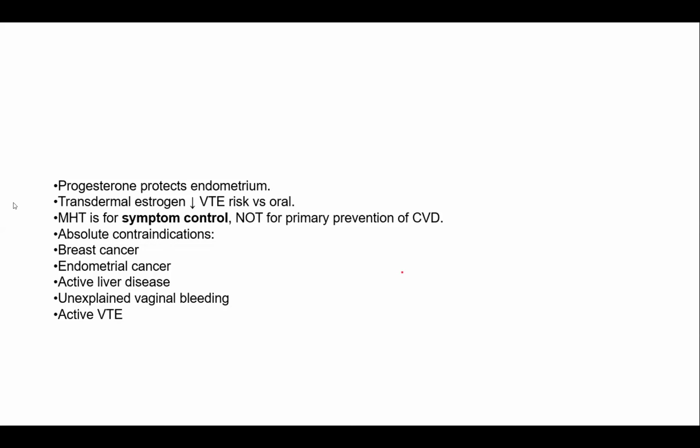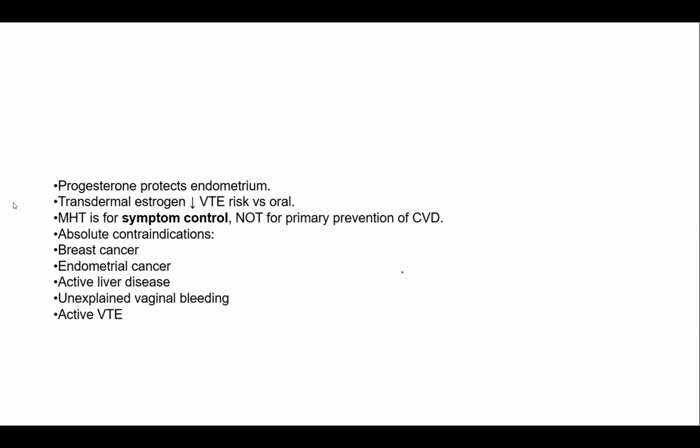So this is another slide. Progesterone protects the endometrium. If estrogen is contraindicated, like if the question says the patient has migraine or a family history of VTE, then instead of giving oral estrogen, you can go with transdermal estrogen, which has lesser thromboembolic side effects.